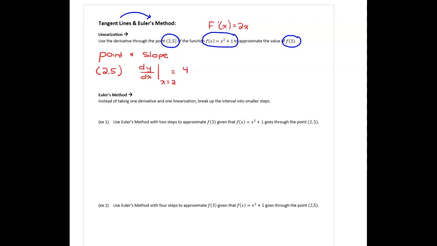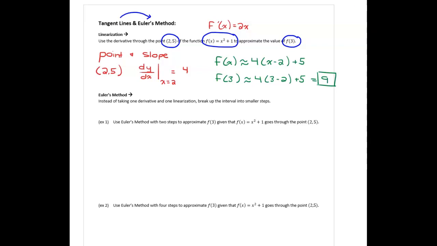So our approximation looks like this: f(x) is approximately 4 times (x minus 2) plus 5. If we were using this to approximate f(3), well, 4 times (3 minus 2) plus 5 comes out to be 9. So f(3) is approximately 9.